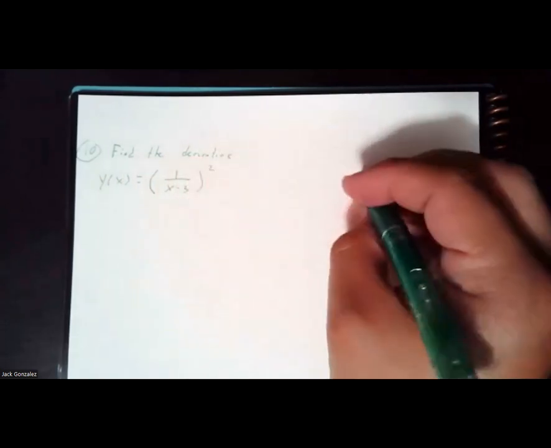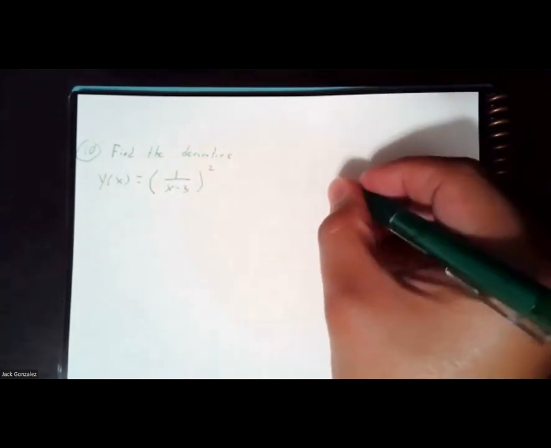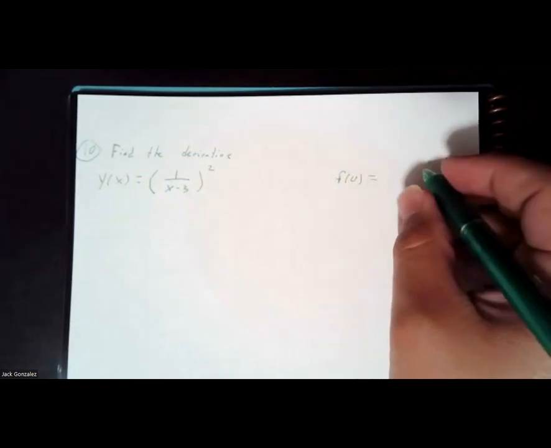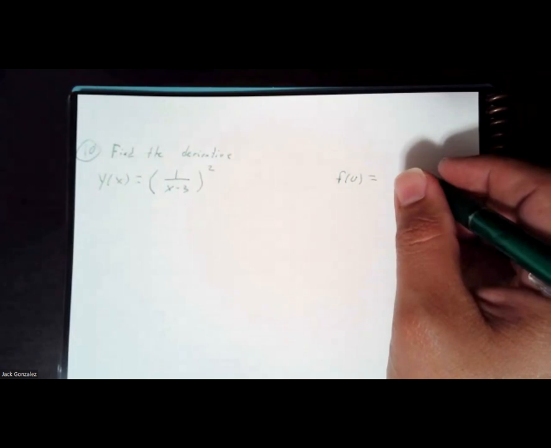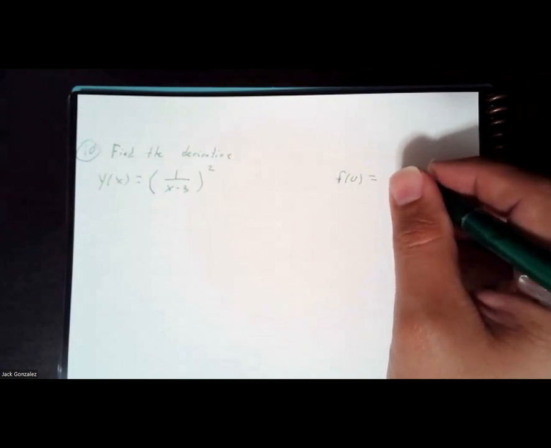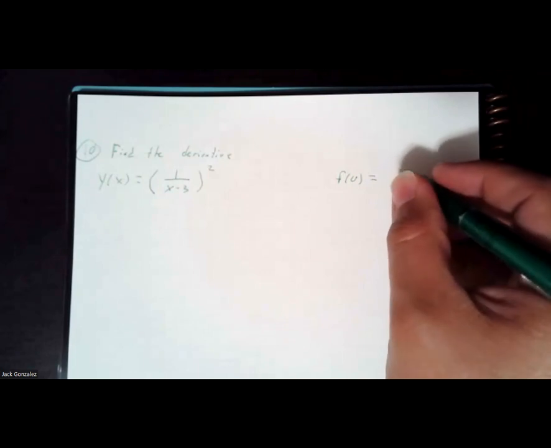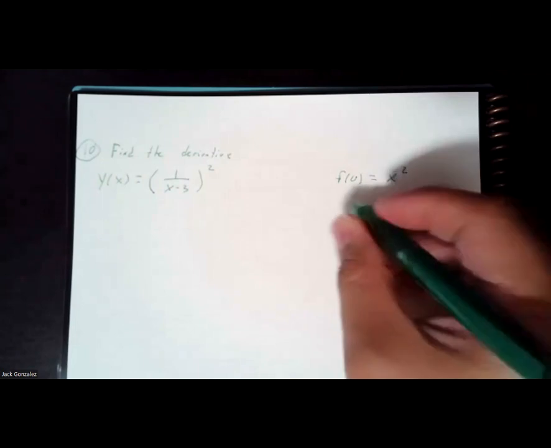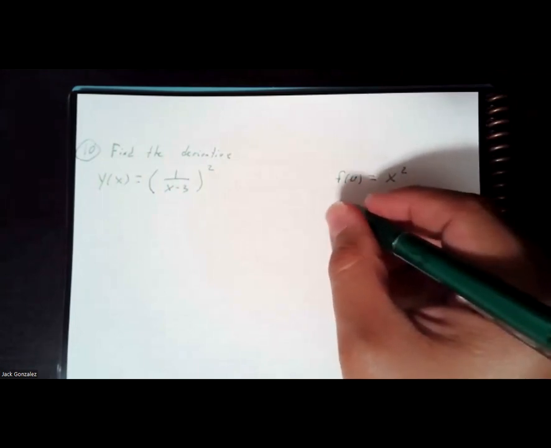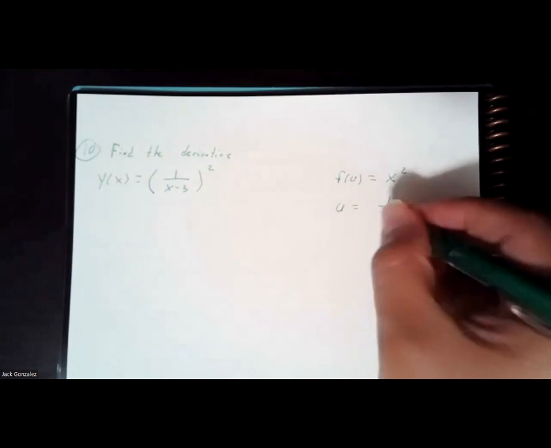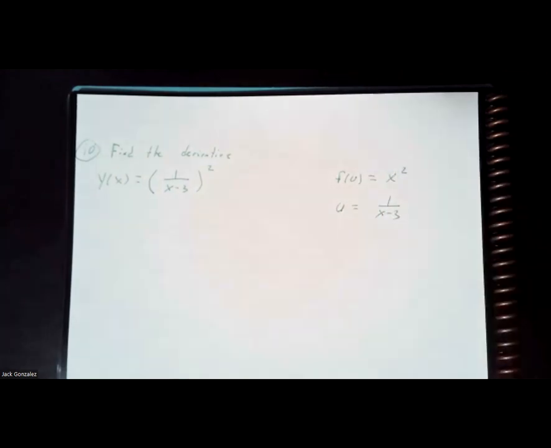So we got an outer function equal to just x squared. Inner function 1 over x minus 3.